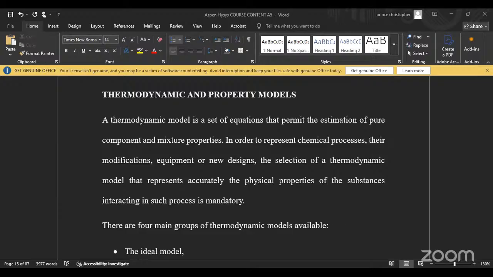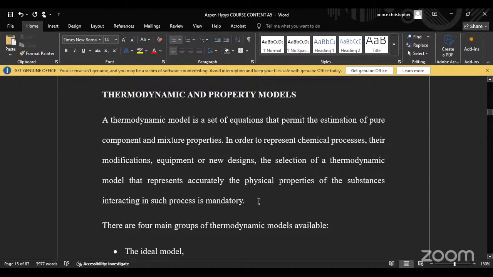Thermodynamic properties are measurable characteristics of a system that define its state, such as temperature, pressure, volume, etc. So the temperature, the pressure, viscosity, the volume, enthalpy, and all the rest, all these are thermodynamic properties.